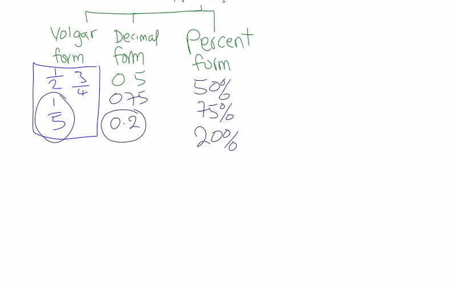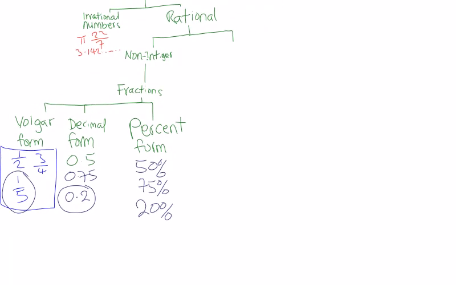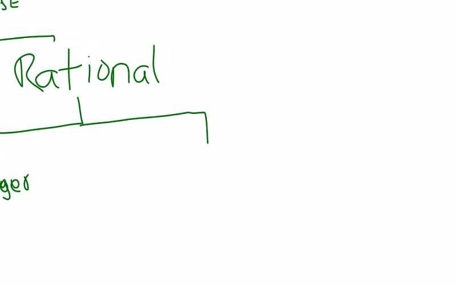So this percentage form, we have fractions. These all are fractions. What I mean is the other divisions of rational numbers.